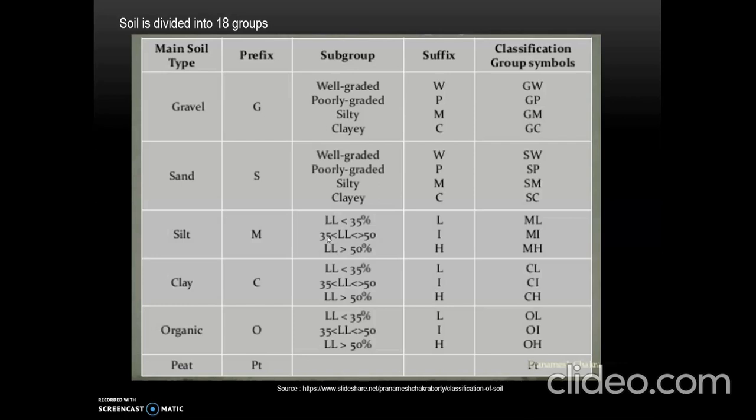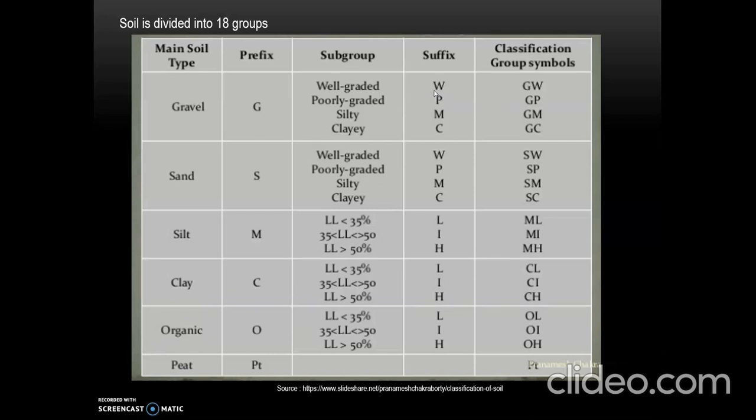But here in the Indian Standard Classification System, we can see that there are three subgroups, that is liquid limit less than 35%, liquid limit which ranges from 35 to 50%, that means it should be greater than 35 and less than 50%. Similarly, liquid limit greater than 50%. And these same subgroups are used for clay and organic soil type.